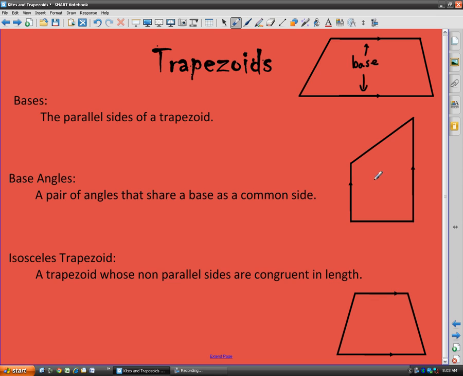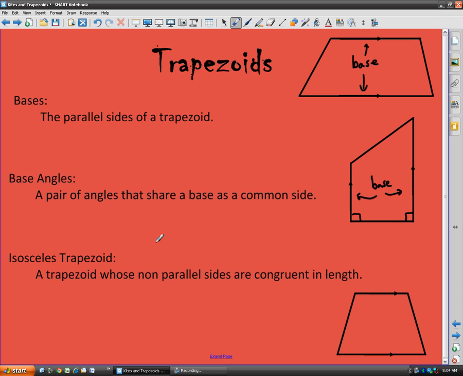Down here, the bases aren't the top and bottom because they're not the parallel sides. It's the left and the right. You'll also notice in this trapezoid down here that I have two right angles, and that's a possibility. You don't have to have the sides being slanted like this. You could have right angles as part of your trapezoid also.